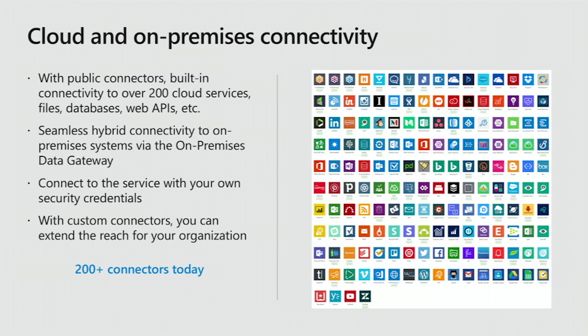This comes out of the box, so you have a lot of things that you can use out of the box. But you can also create your own custom connectors if you want to extend, or if the connector does not exist.